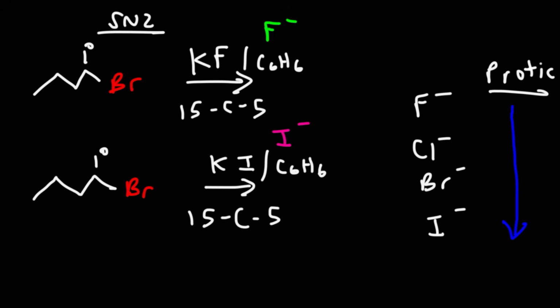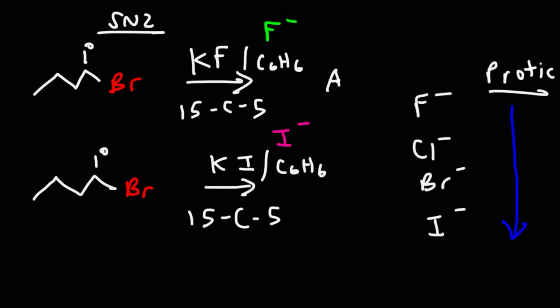The reason for that is the protic solvent, like water, will solvate the fluoride ion better than iodide. Fluoride is a stronger base, so it's going to have more interaction with the hydrogen bonds of water. So because it is solvated by the protic solvent, it's going to be less available to react with the alkyl halide as a nucleophile.